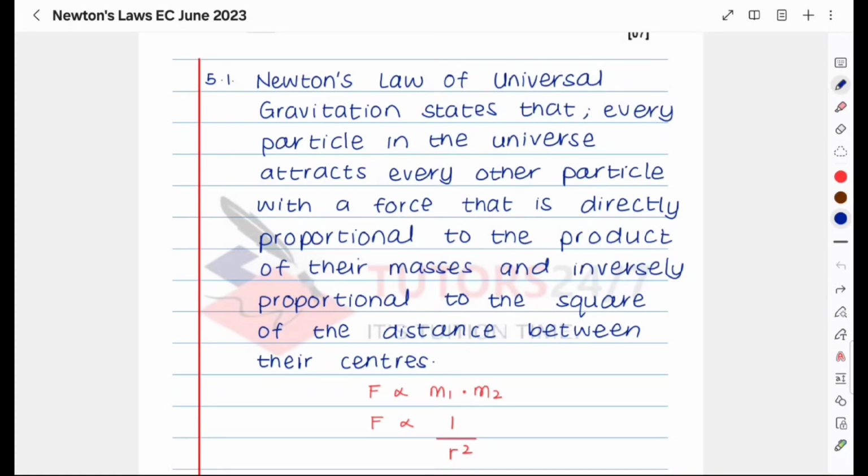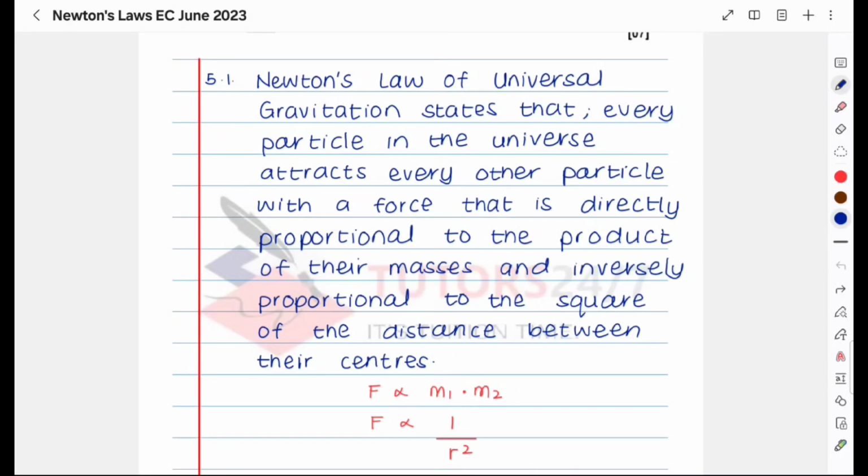In this case, it would be the mass of the Earth times the mass of the satellite. So it is directly proportional to the product of their masses and inversely proportional to the square of the distance between their centers. When dealing with Newton's law of universal gravitation, it is very important that you take the distance from the center of a circular or spherical object.